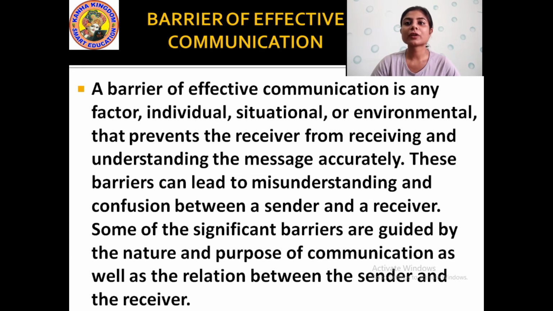What kind of miscommunication? That means if there is a barrier of signal, or if there is a barrier of some situation or some individual, then it creates a confusion between the sender and the receiver, which can exploit the relationship between the two people who are communicating with each other. Okay?